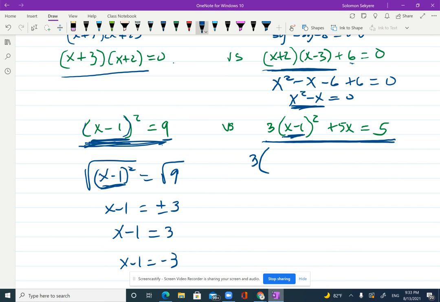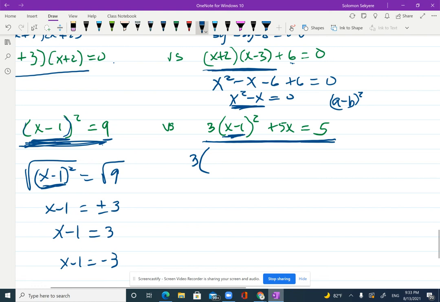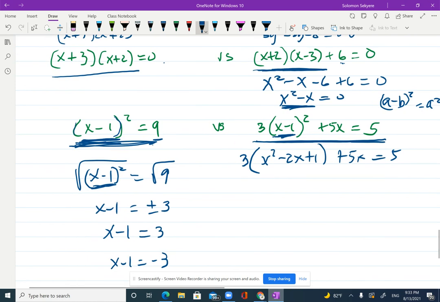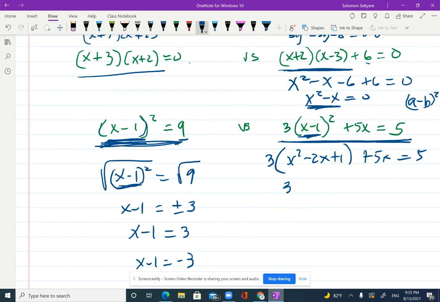Do you remember how to do (a minus b) all squared? (a minus b) all squared is a squared minus 2ab plus b squared. We apply that to expand this. This becomes x squared minus 2x plus 1. Then plus 5x equals 5. Then we distribute a 3 through it: 3x squared minus 6x plus 3 plus 5x equals 5.